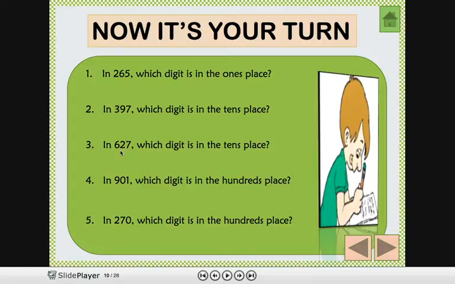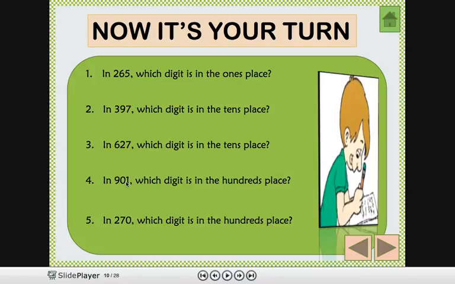For 627, it wants to know the digit in the tens place. Again, we're going to start at the ones place and then move over to the tens. So we have a 2 in our tens place. The next number is 901, and it wants to know the number in the hundreds place.